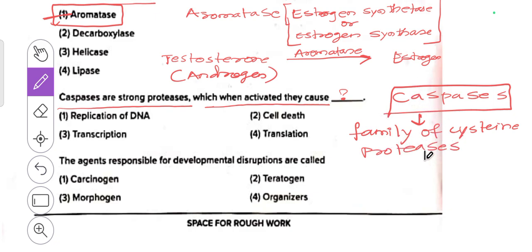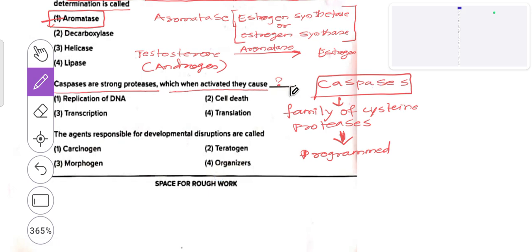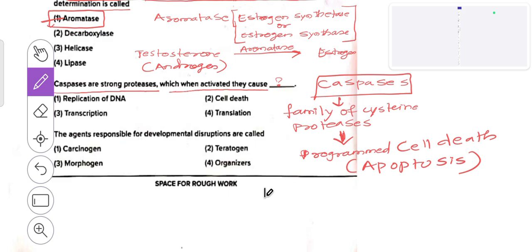These proteases are essential molecules in programmed cell death, or apoptosis.